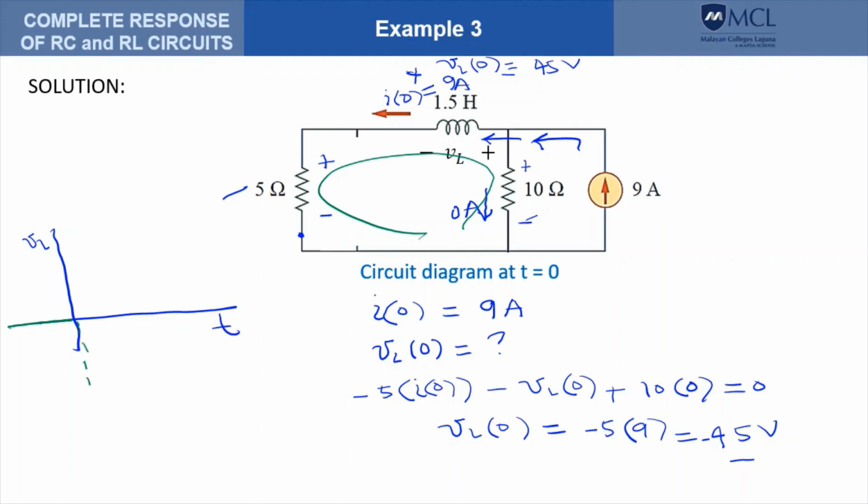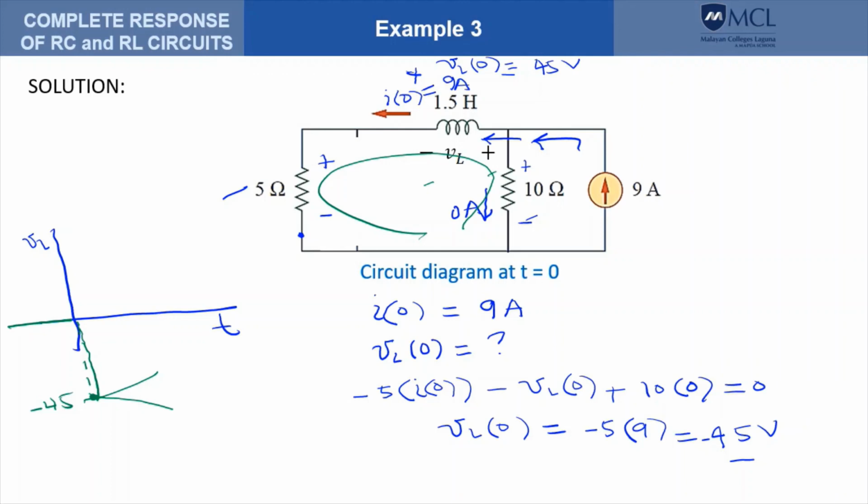So I'm talking of V sub L where the positive is on the right and negative on the left. So it will jump immediately to negative 45, and from there it would either increase or decrease further, because the circuit is undergoing a transient condition.